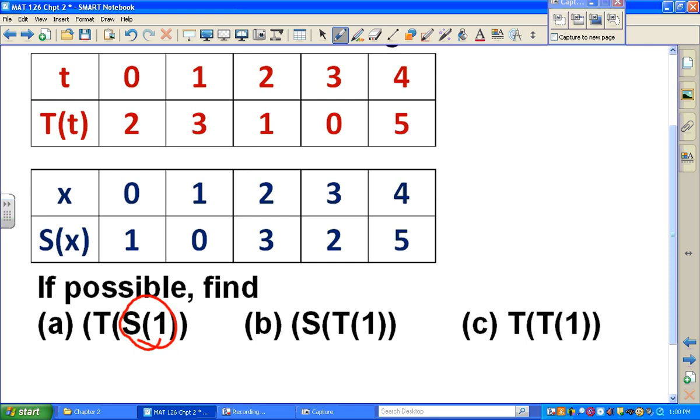Based on the possibility of typos, there might not be an answer. So if I take 1, a lot of people go, ooh, there's a 1. Well, no, that's not it. This equals S of 0. See how that works? This equals S of 1. That's what you want. S of 1 equals 0. Woohoo! So now you have T of 0. So I go to 0 and I get 2.